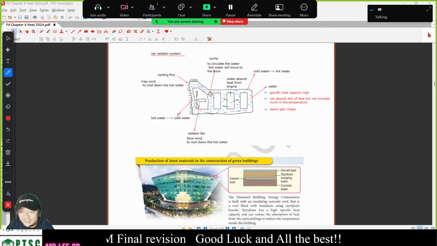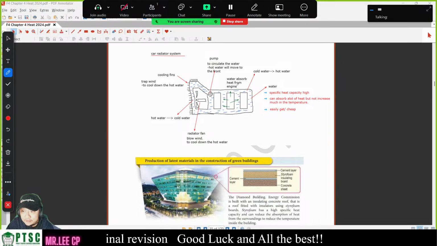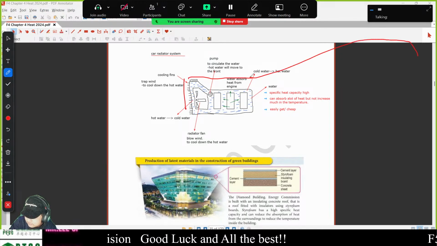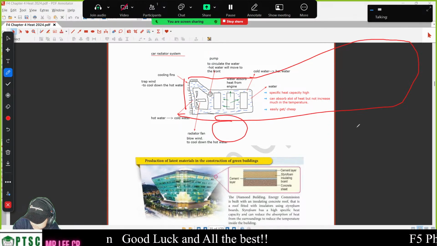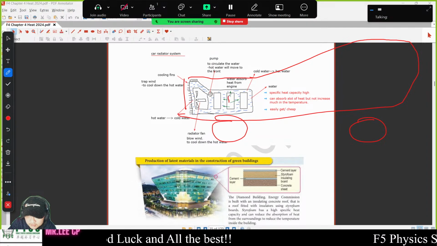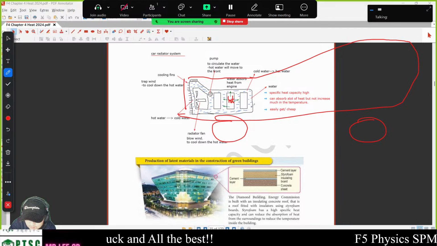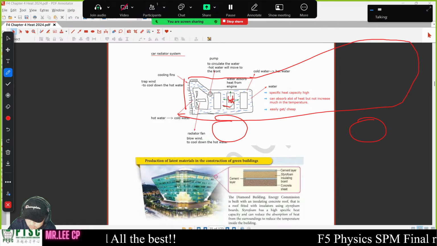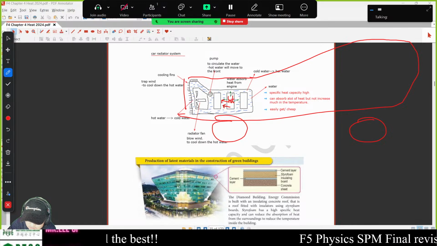So here, this is the engine, this is your car. The engine moves and is very hot. This is called thermal equilibrium.